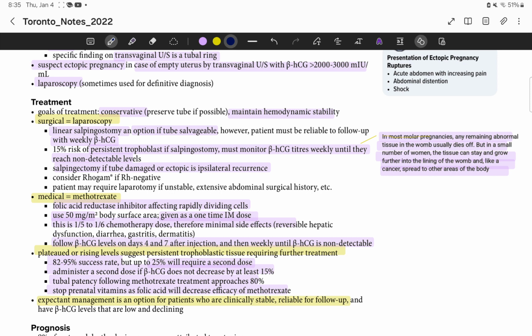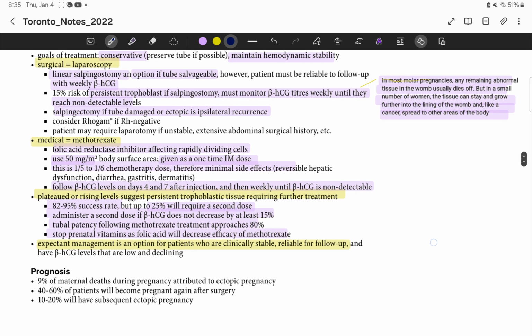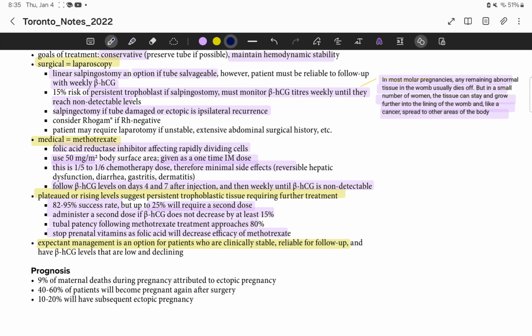Okay, so we have methotrexate treatment, which is a folic acid reductase inhibitor, affecting rapidly dividing cells. Use 50 milligrams per meter square body surface area, given as a one-time intramuscular dose.